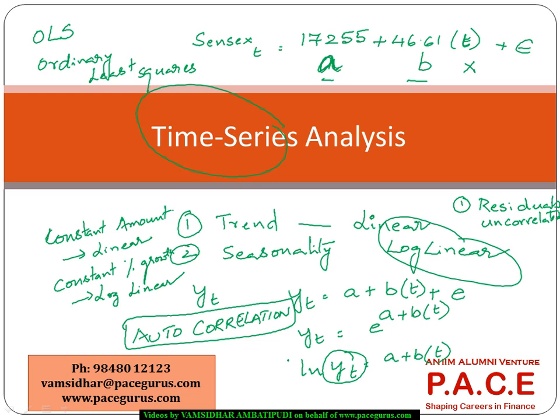There is a possibility in these kinds of time series models of the presence of autocorrelation. One way is to check that correlation, and to test whether autocorrelation is really present or not, we have a mechanism called the Durbin-Watson statistic.